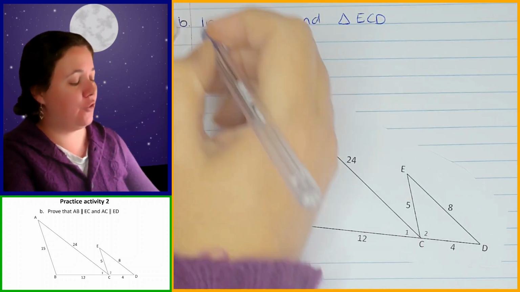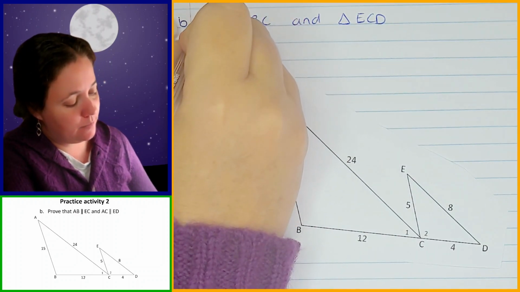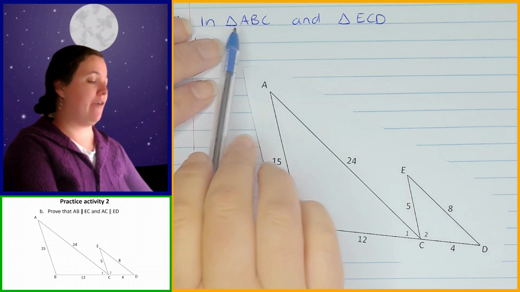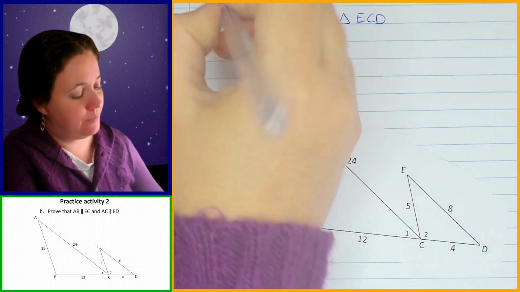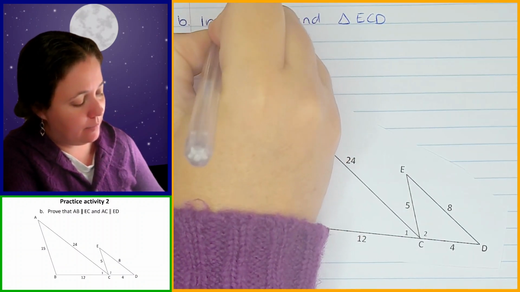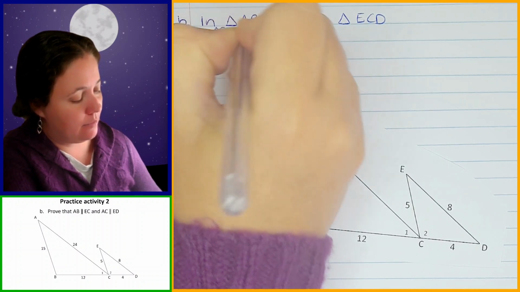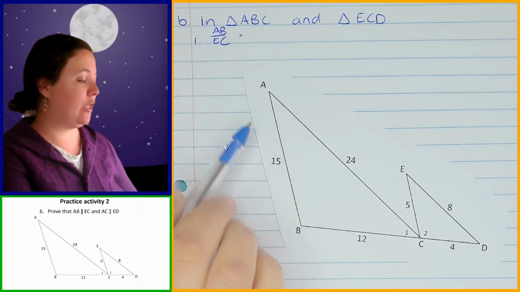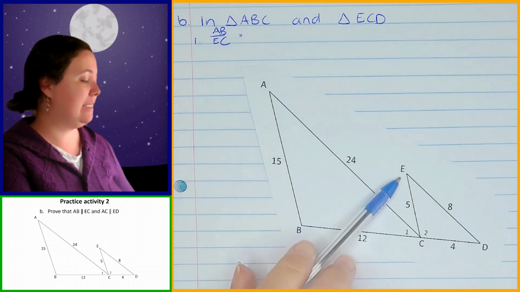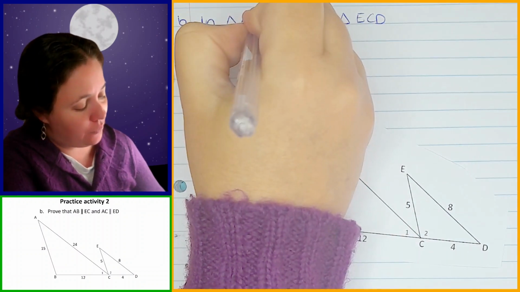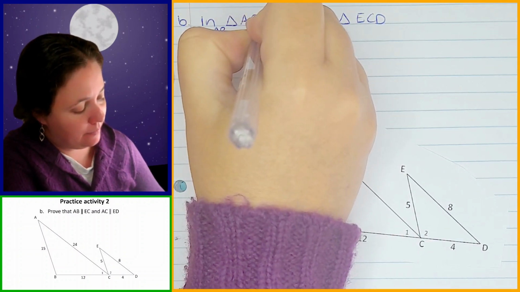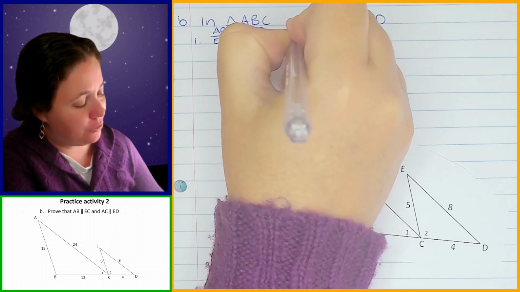First, I have AB over EC. So AB I know is 15 and EC is 5. So that's 15 over 5, and that gives me 3.